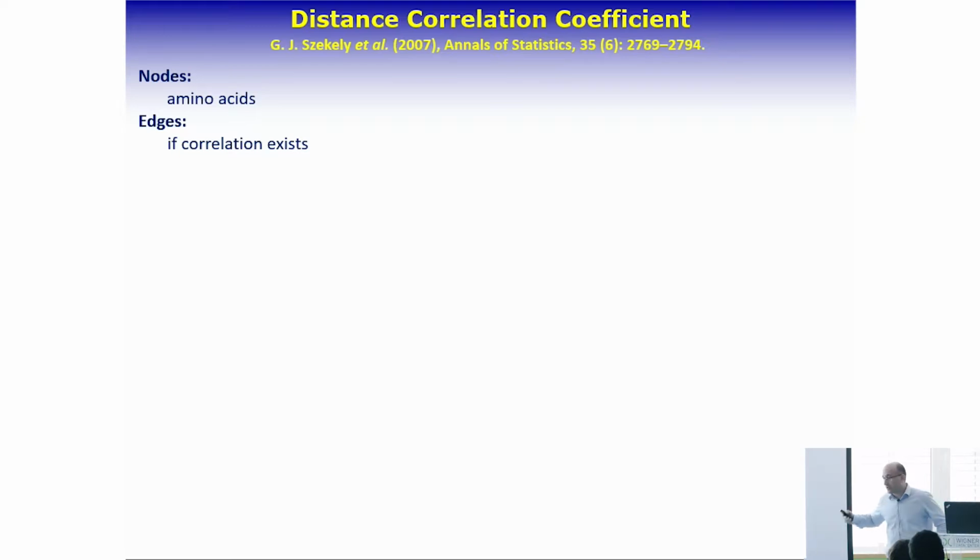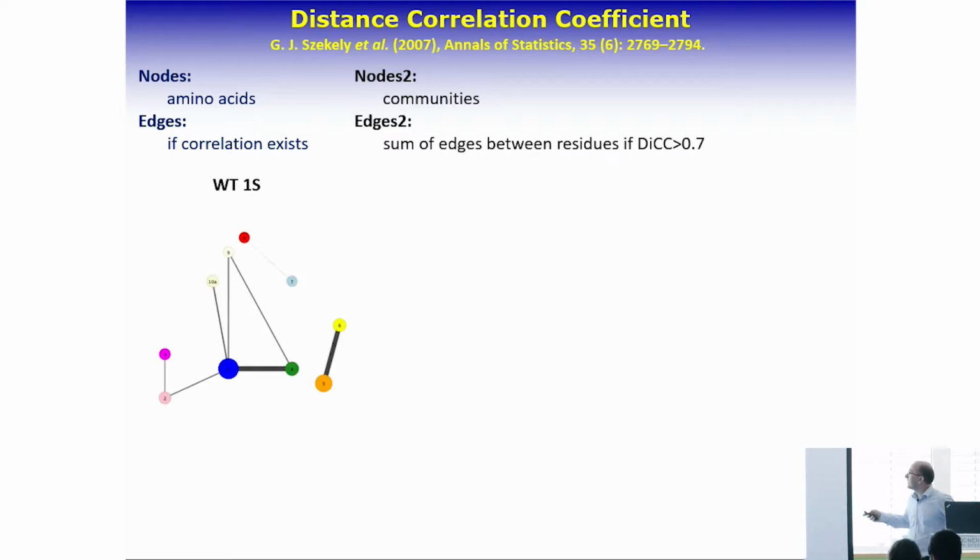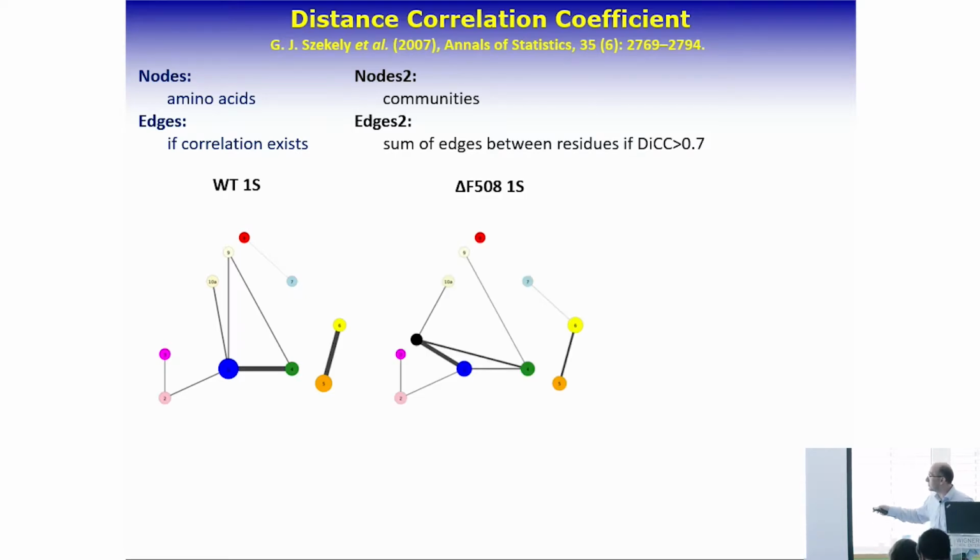And after that, we apply community analysis, and here I show you a simplified graph where the nodes are the communities and the edges are the sum of the correlation between amino acids in the given communities. So this is calculated from the motion of the wild type protein. This is from the mutant.